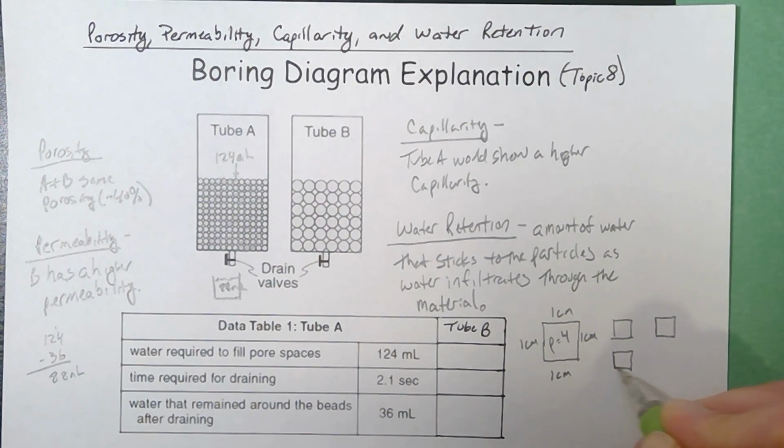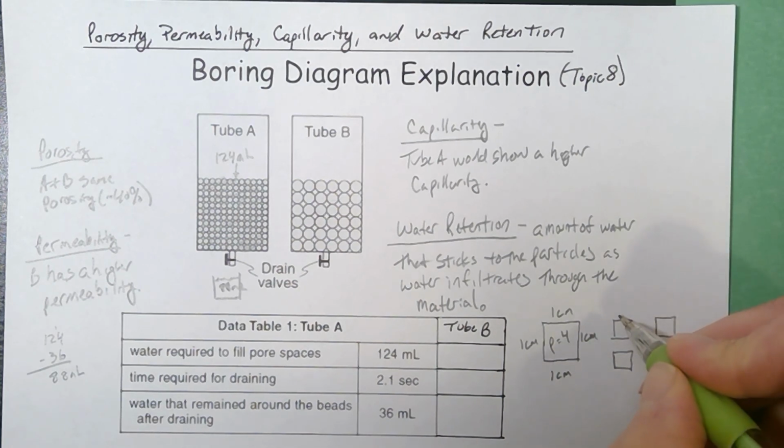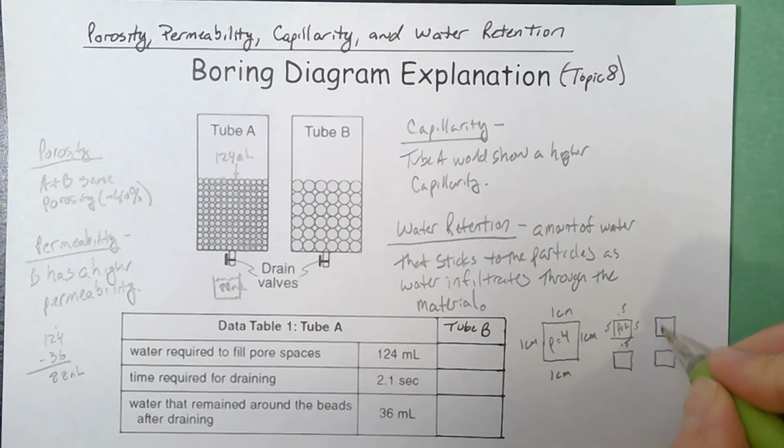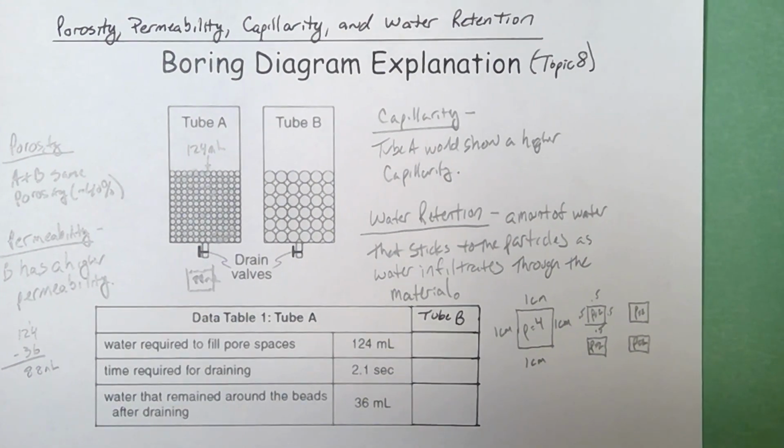Each edge of my new piece is going to be half of a centimeter. So I'd have 0.5, 0.5, 0.5, 0.5. I add those up and I get a perimeter of 2. So each one of these smaller particles has a perimeter of 2. I took one large particle with a perimeter of 4 and I cut it into 4 smaller particles. When I add 2, 4, 6, 8, the total perimeter now turns to 8.